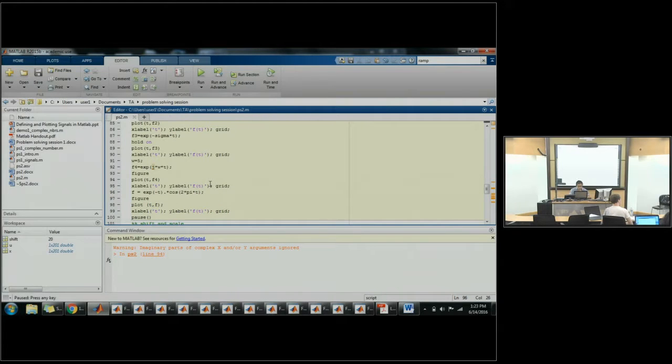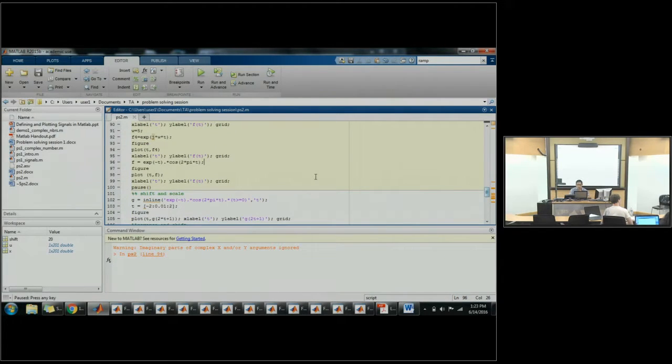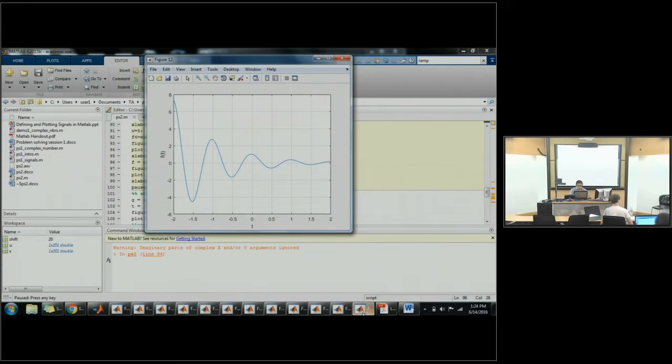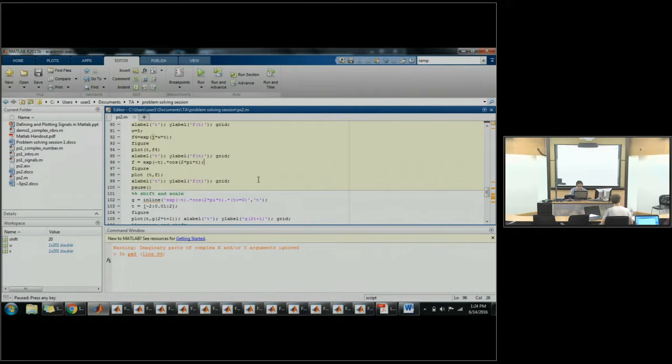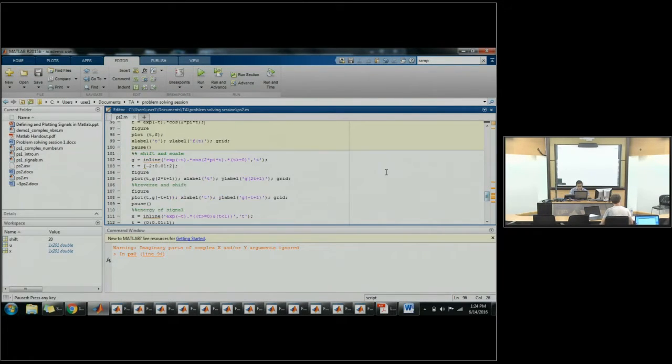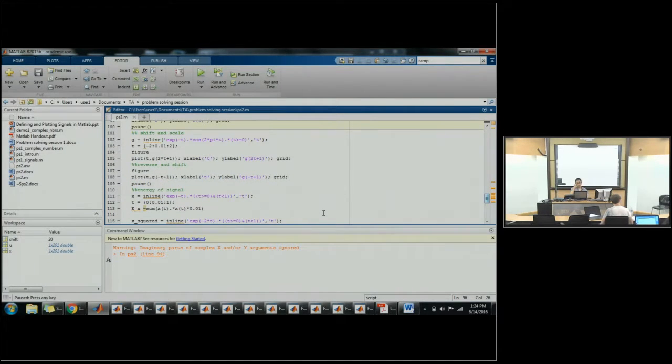Next we'll have a proper complex exponential which has both real and imaginary parts. This is raised to a negative power, so it's decaying with time. Okay, your cosine is decaying with time, right? Now when you do shift and scale operations on complex exponentials, you can apply a shift and scale together.